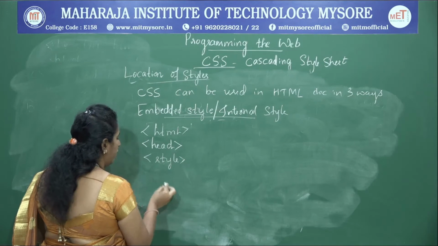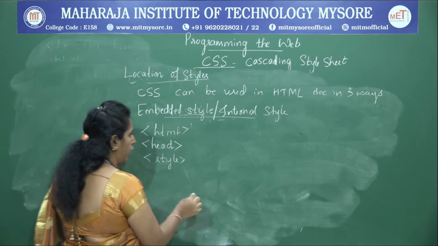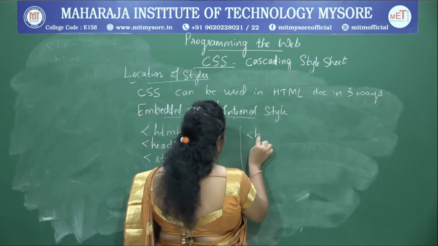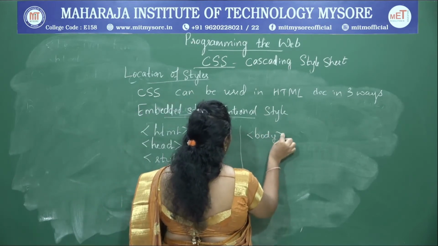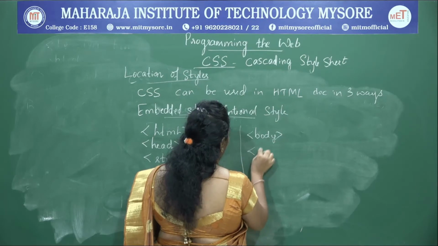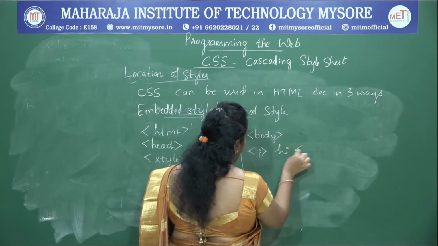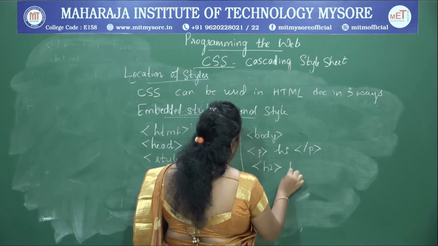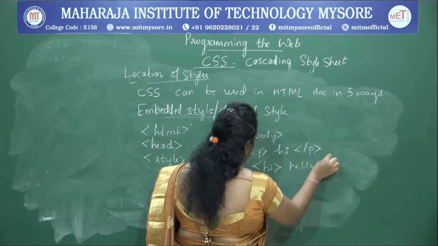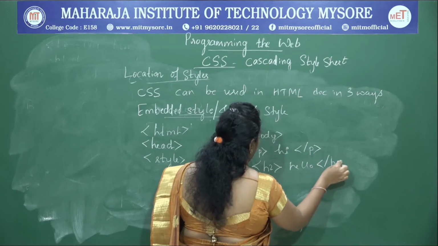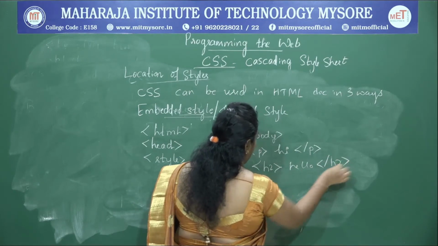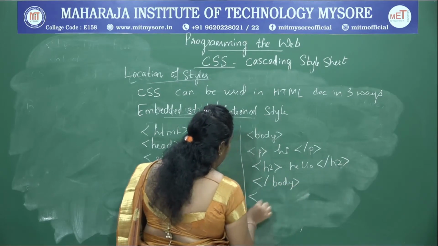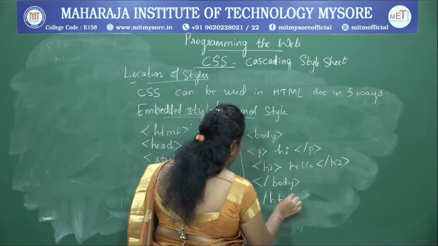So here you have to decide. For time being, I will parallelly write the body tag also here. Body, inside the body, paragraph, message hi, and H2 hello. So finally close the body, also close the HTML.